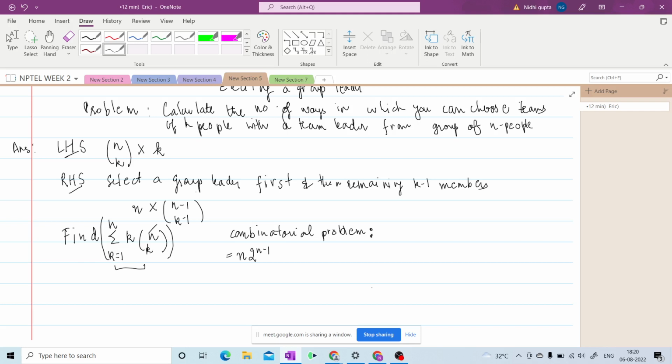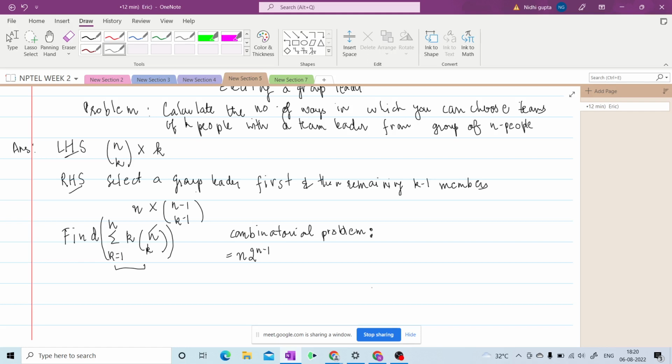But what is the combinatorial problem for this? Means all the kinds of possibilities of having a group leader and the rest of the team. Yeah, you're close. If we have one captain and only one member in the team, and one captain and two members in the team, all kinds of possibilities are covered.